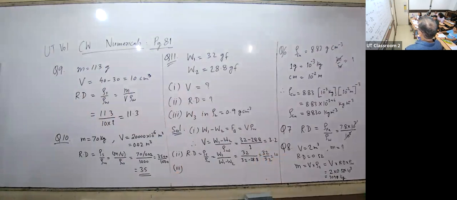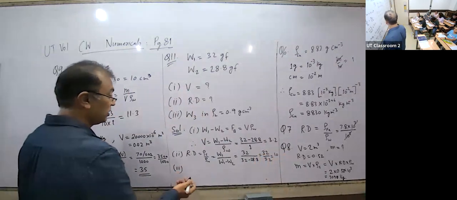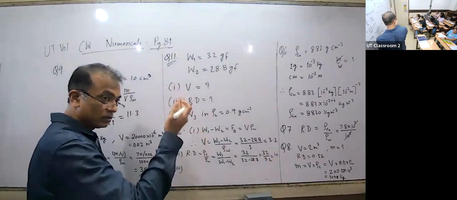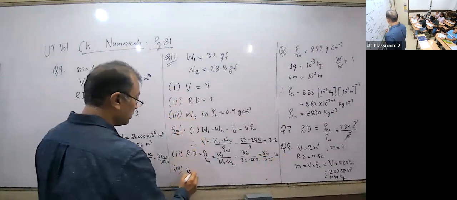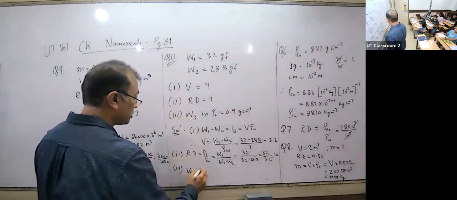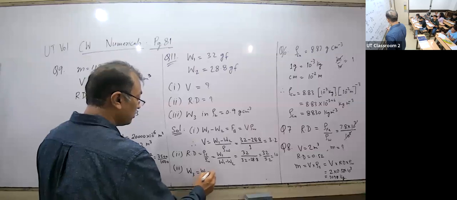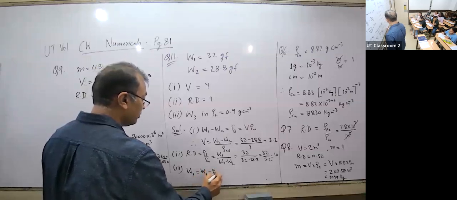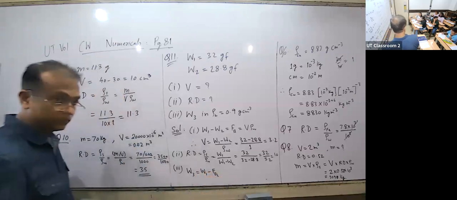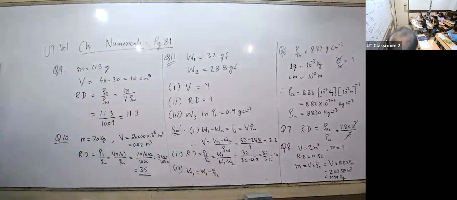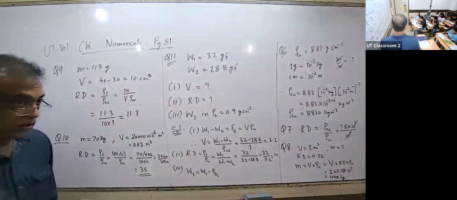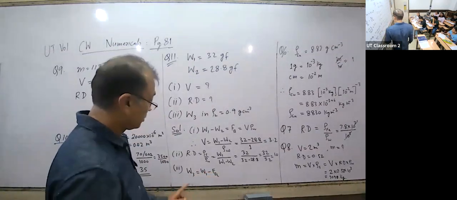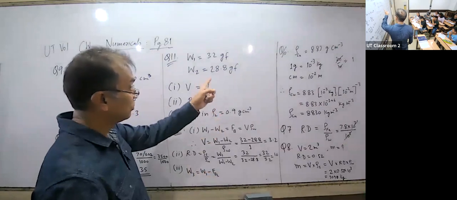Now, what is the weight of solid in a liquid of that density? This will be nothing but upthrust. So W3 is equal to its weight in air minus upthrust in the liquid, FPL. What is W3 again? The weight of solid in this liquid, not in water. Water's was already given.